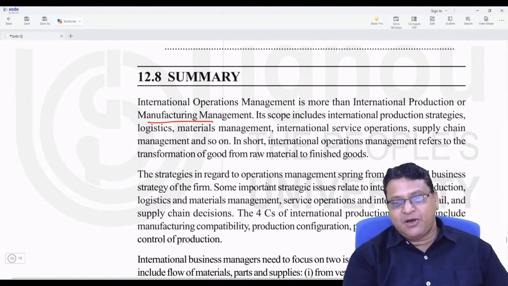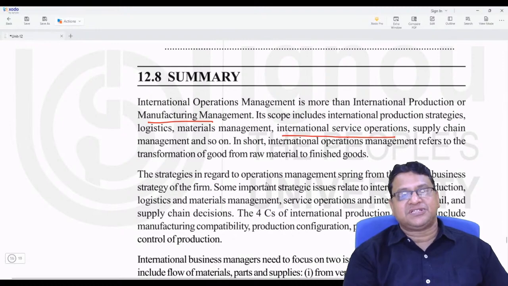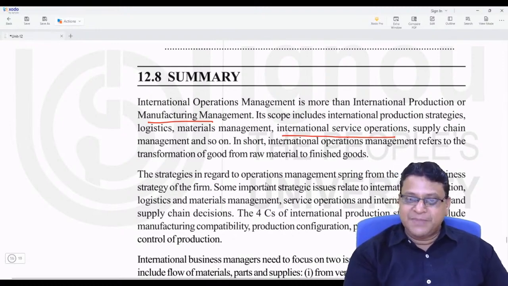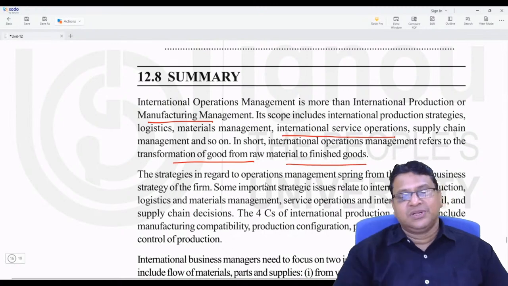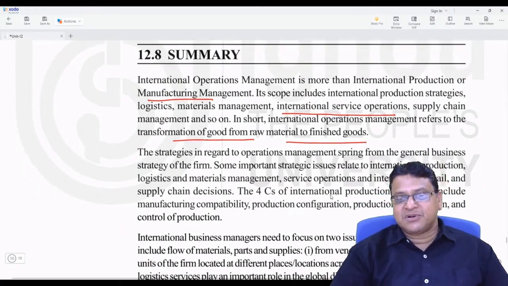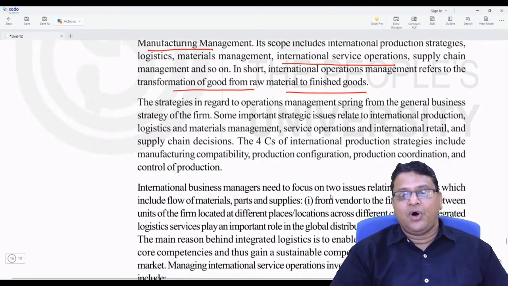So it is also the management of international service operations. International operations management refers to transformation of goods from raw material to finished goods. In this context, we have discussed some key issues of international operations management.